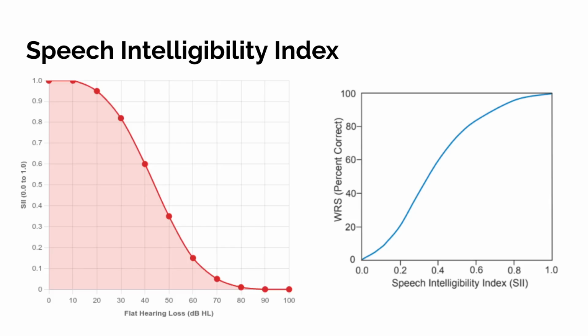On the right side, we see the relationship between word recognition score and Speech Intelligibility Index, but it is represented by an ogival function, just like an S-shaped function. So you can see that as Speech Intelligibility Index goes up, word recognition score tends to go up as well.